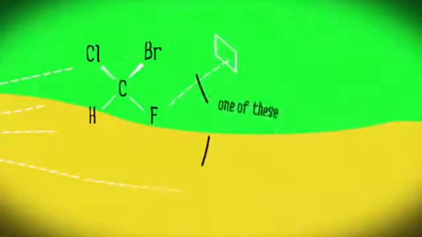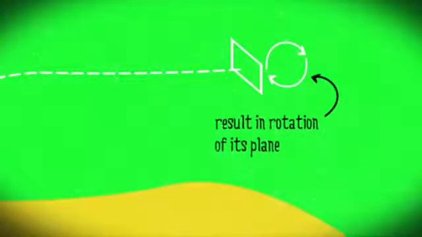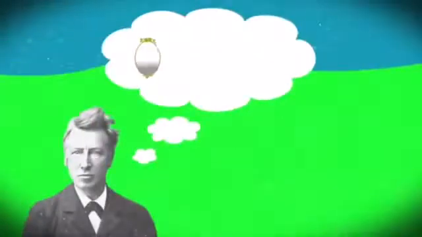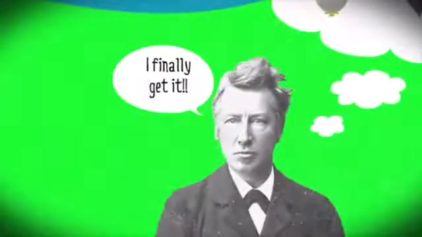As a result, one component of the light gets temporarily slowed down relative to the other. The effect on the light beam is a rotation of its plane from the original one, otherwise known as optical rotation. Van 't Hoff and later chemists realized that the chiral nature of tetrahedral carbons can explain this fascinating phenomenon.